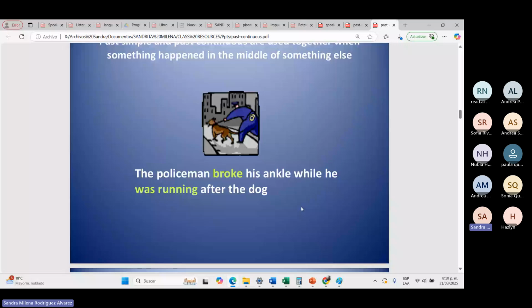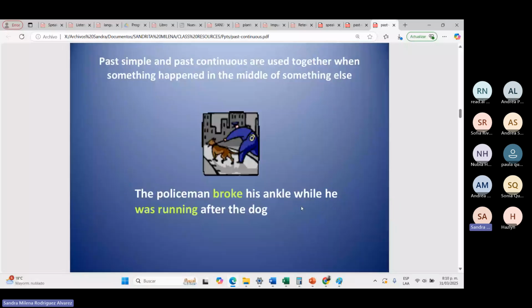When I connect past simple with past continuous, I use these tenses to talk about an action that was interrupted by another action in the past. For example, the policeman broke his ankle while he was running after the dog.